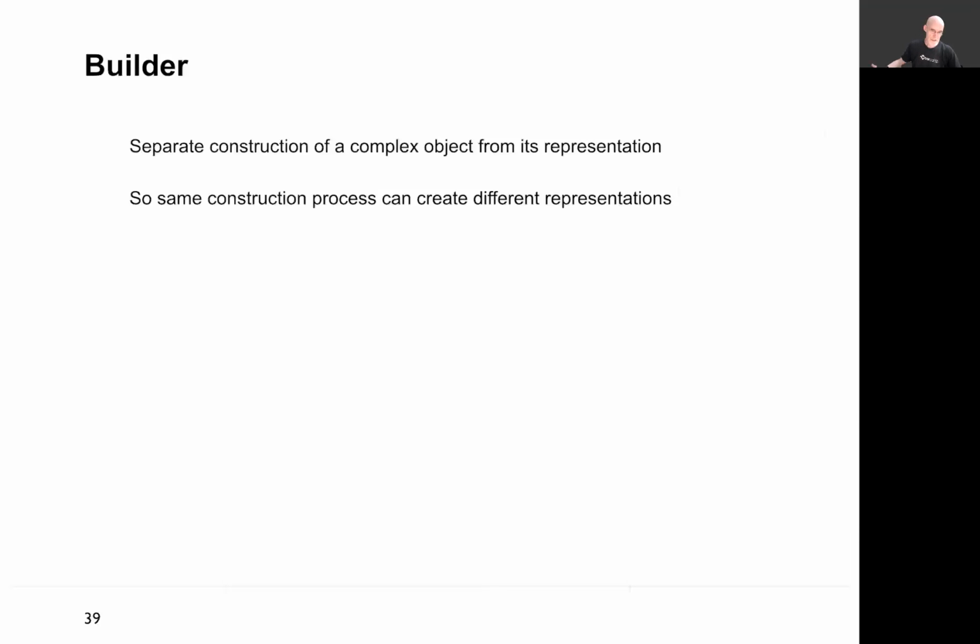If we want to create complicated objects, and we want to, as I say, separate the construction from its representation, whatever that means. The goal is we can use the same process to construct different objects from the same representation. How's that for terminology? It may not make any sense.